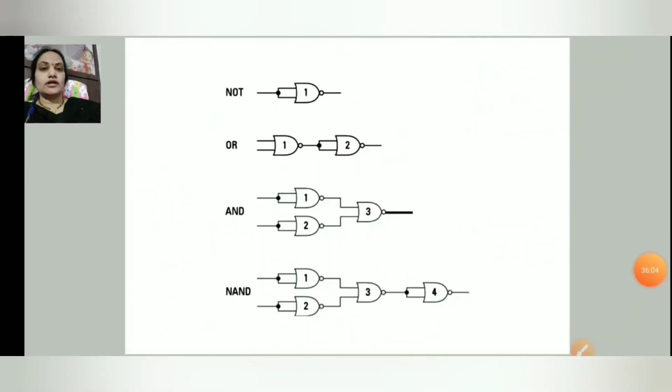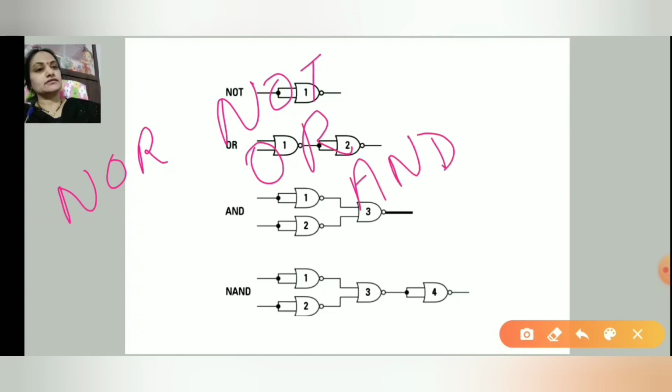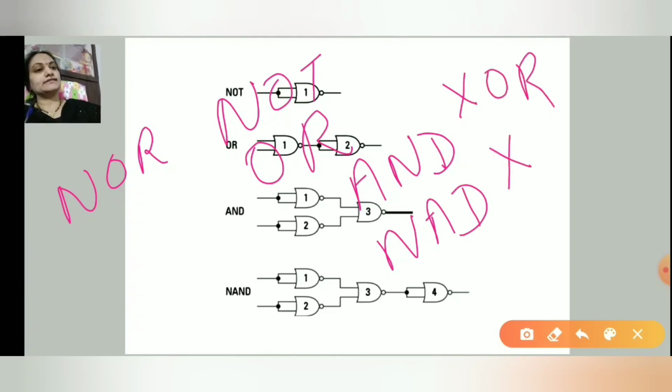By these circuits we came to know that from NOR gates we can construct NOT gate, OR gate, AND gate, NAND gate, XOR gate, XNOR gate.